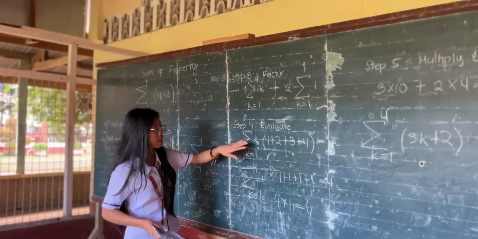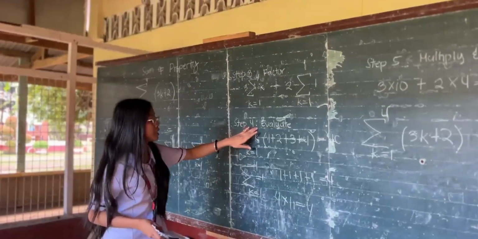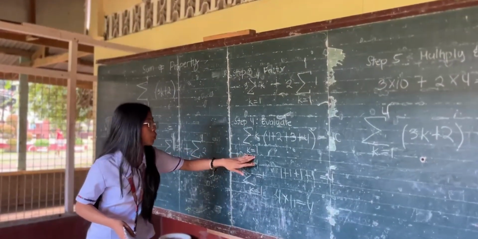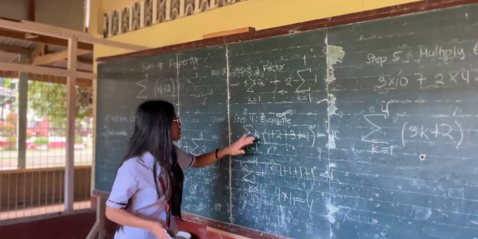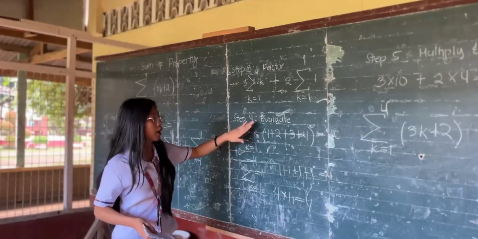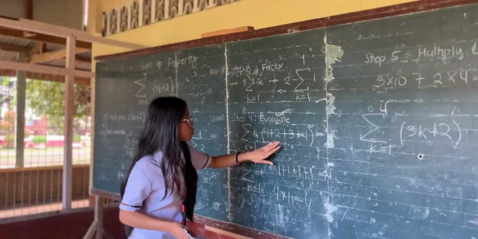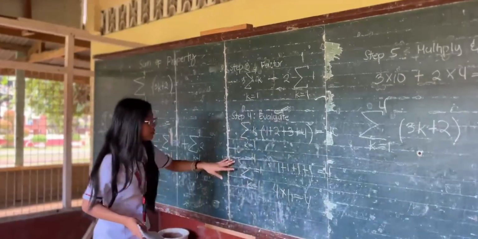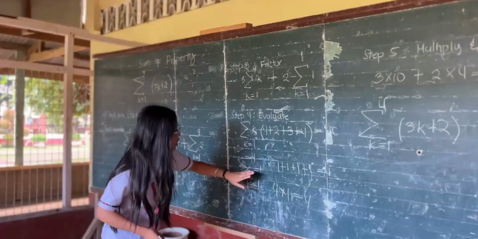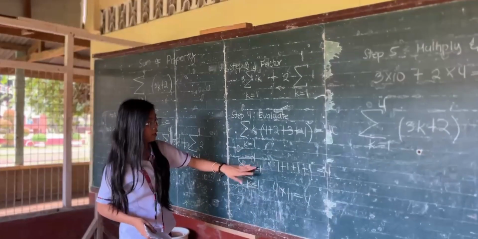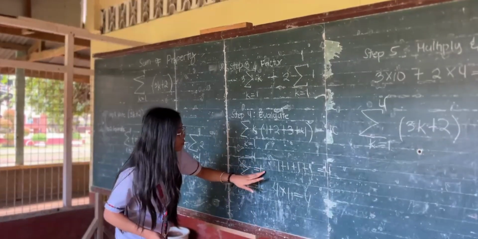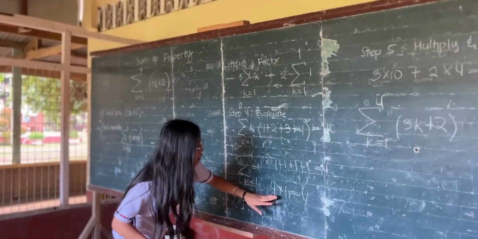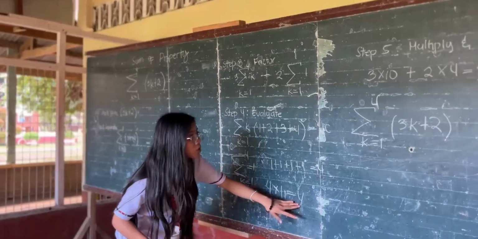Our pattern here is k equals 1, we start at 1 until 4. So we have 1 plus 2 plus 3 plus 4 equals 10. Then, as you can see, we still have 2 times the summation of 1, so we multiply 1 by 4. So we have 4 times 1 equals 4.